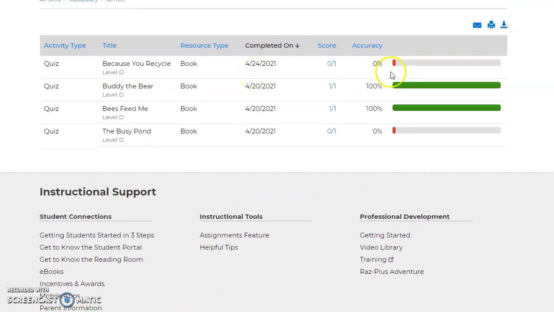set, we saw that it was actually because the student did not complete 2 quizzes. It wasn't because they were struggling with vocabulary necessarily, but we don't know until you dig deeper.